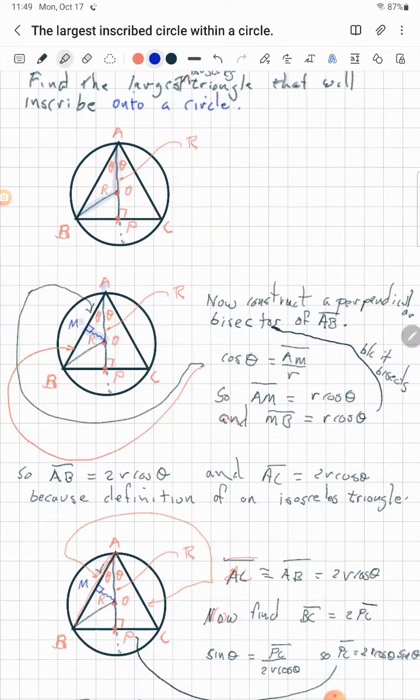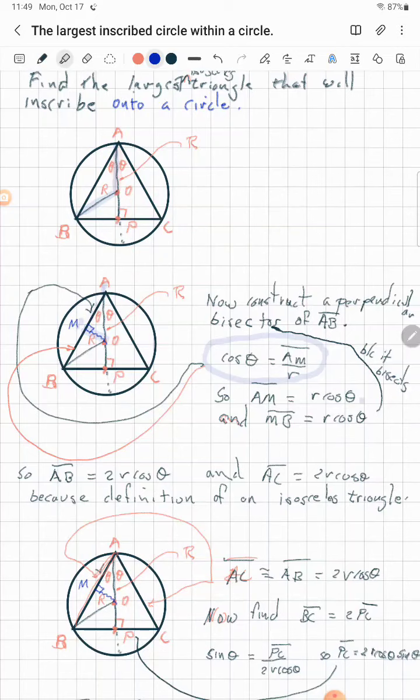If we want to talk about AM, that's the measurement from here to here, then I'm going to take the cosine of theta. The cosine of theta would be AM divided by R. You see it right here? AM divided by R. So if I solve for AM, then AM is equal to R cosine theta.